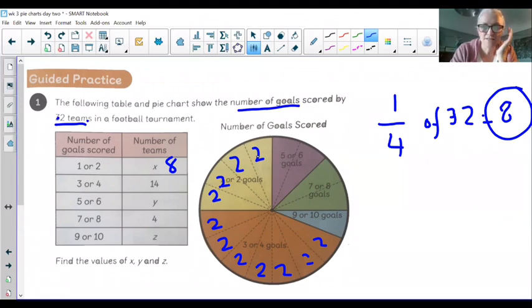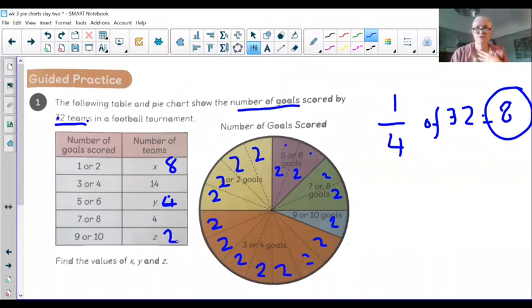Now 5 or 6 goals, we can see that it's 2 segments. So if I remember that each of those is 2, then I know that Y is 4. 7 or 8 is 4. Again, we can check that we know what we're doing. And so Z must be 2.